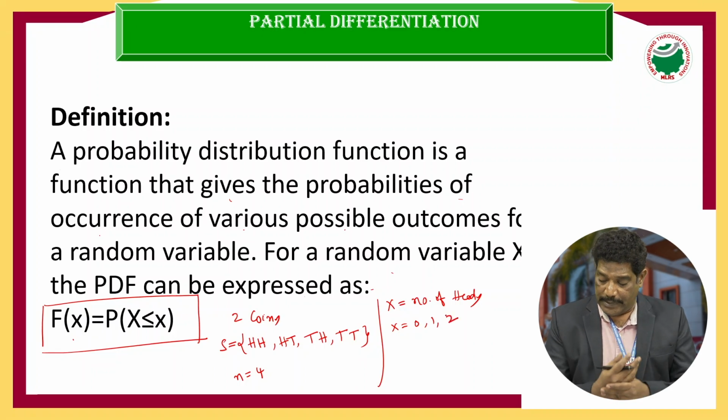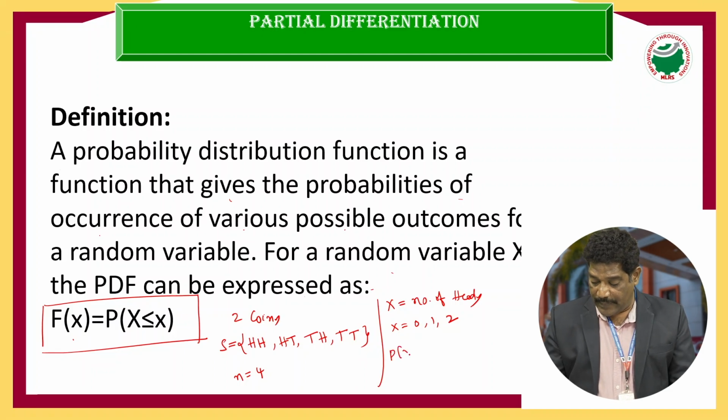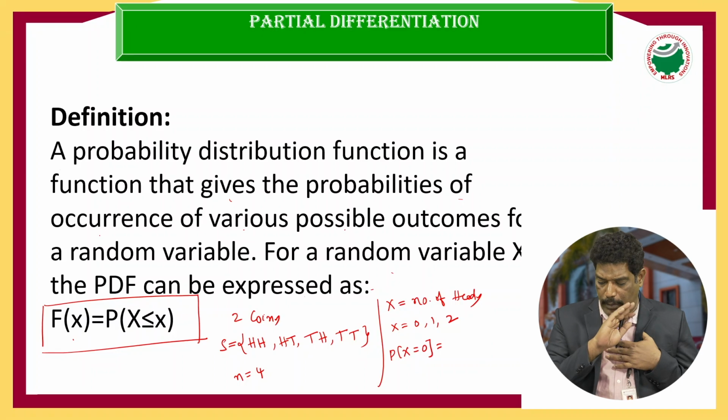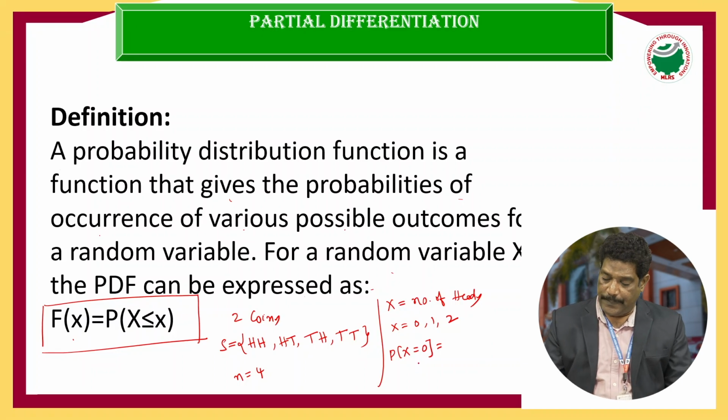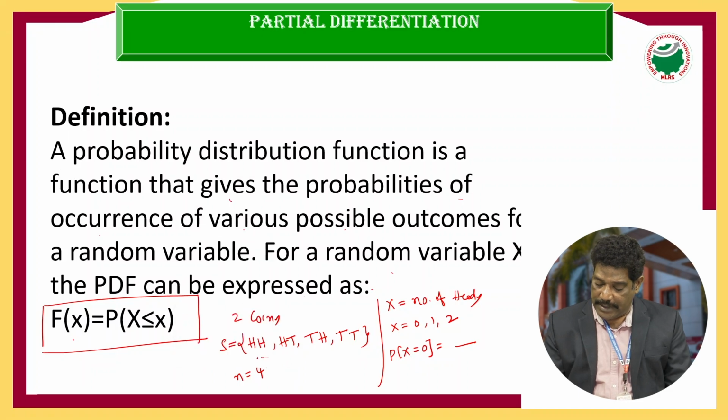Now I am going to define the probability distribution function. Probability of capital X equals 0. How can we define it?